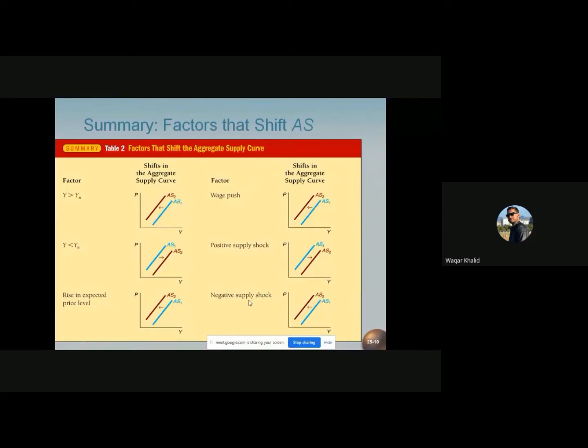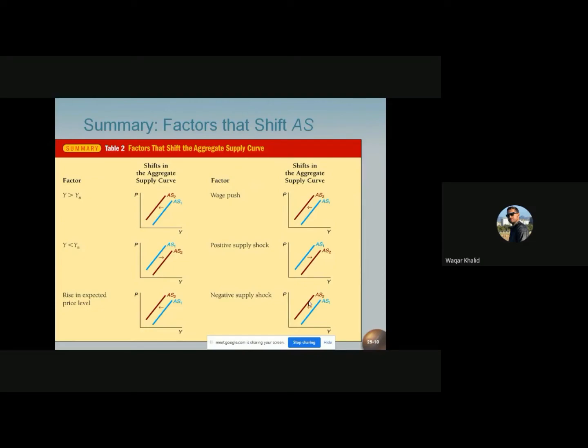In the case of negative supply shock, the aggregate supply curve has shifted to the left side. Why has this curve shifted to the left side? If the raw materials are available in a lesser quantity, for example, oil, what will happen?